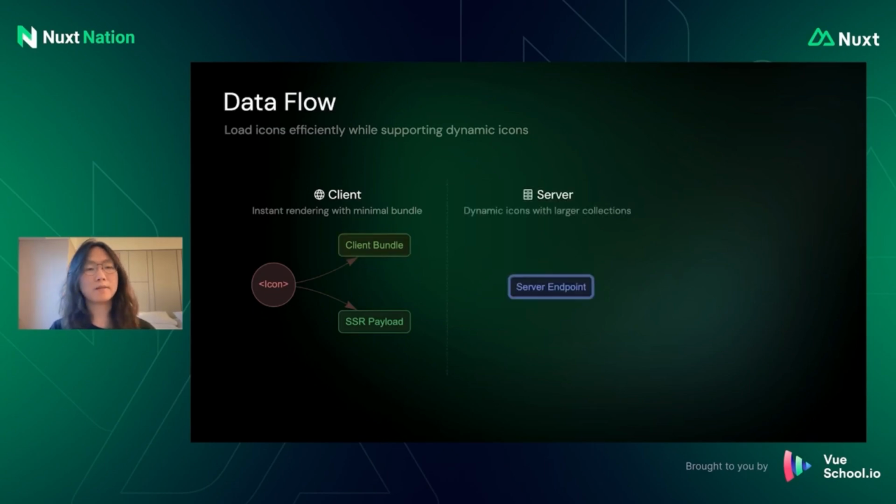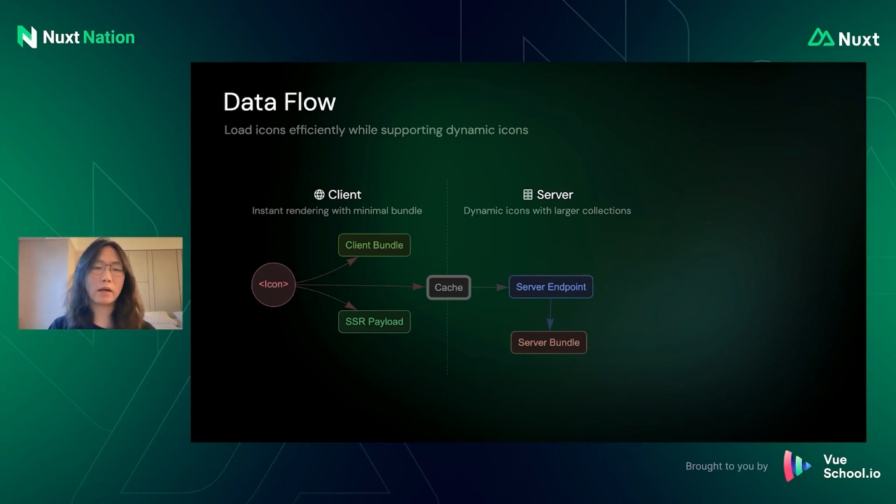For dynamic icons that are not in the client bundle, the component will then request them from our server endpoint. The endpoint is usually deployed along with your app and close to the end users. The server will look up the requested icons in the server bundles and then serve them back to the client. We have caching on both the browser and the API endpoint.